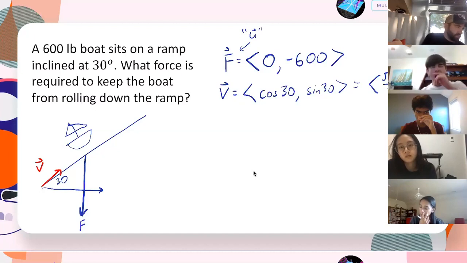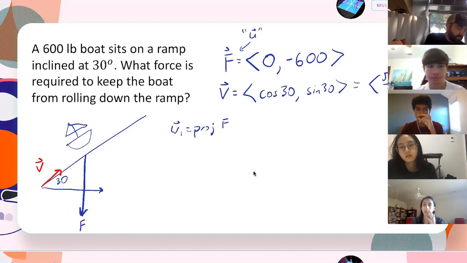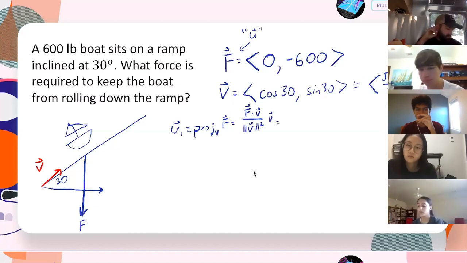So that's what we're going to use as our U. So our W1, our projection of F onto V, we'll do F dot V over the magnitude of V squared times V. So if we do F dot V, we'll have 0 times root 3 over 2 and negative 600 times 1/2.